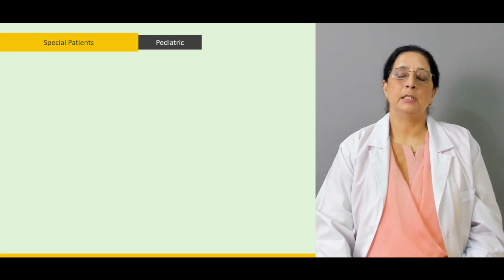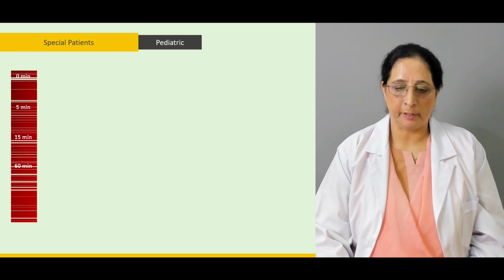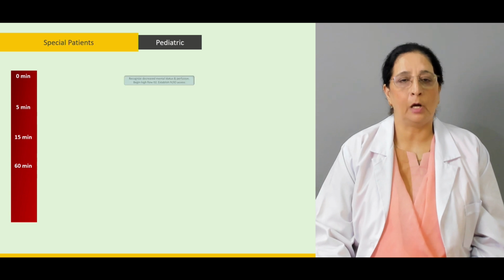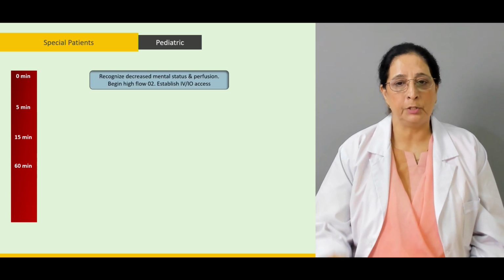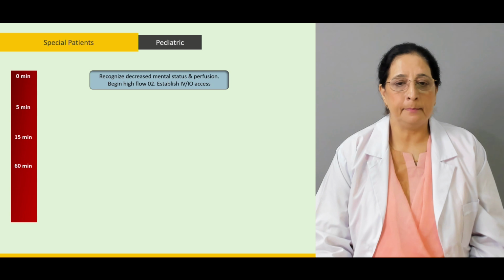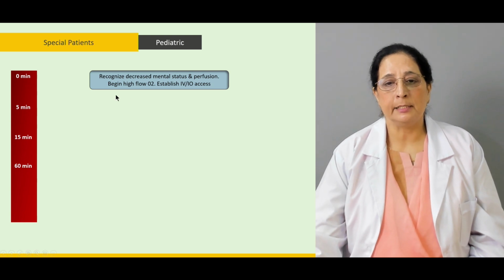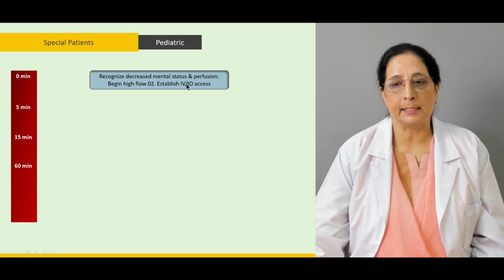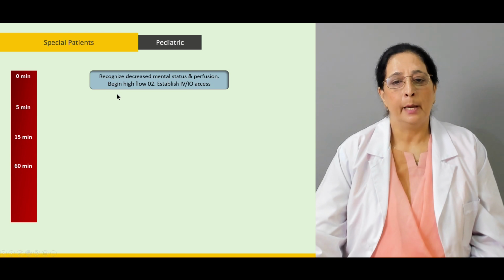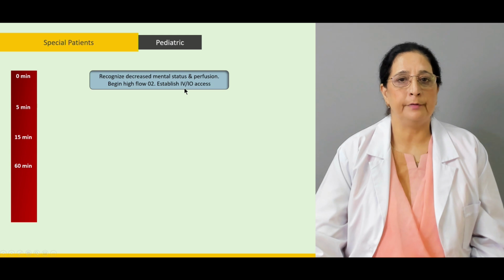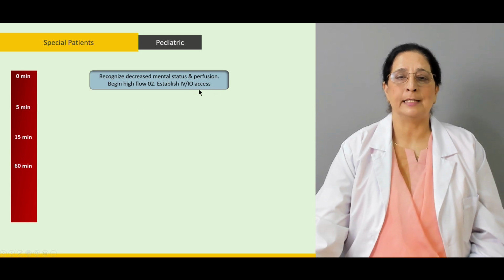For special patients, we have the pediatric group, and how we should manage them according to the time. We recognize decreased mental status and perfusion. Begin high flow oxygen, establish intravenous or intraosseous access.